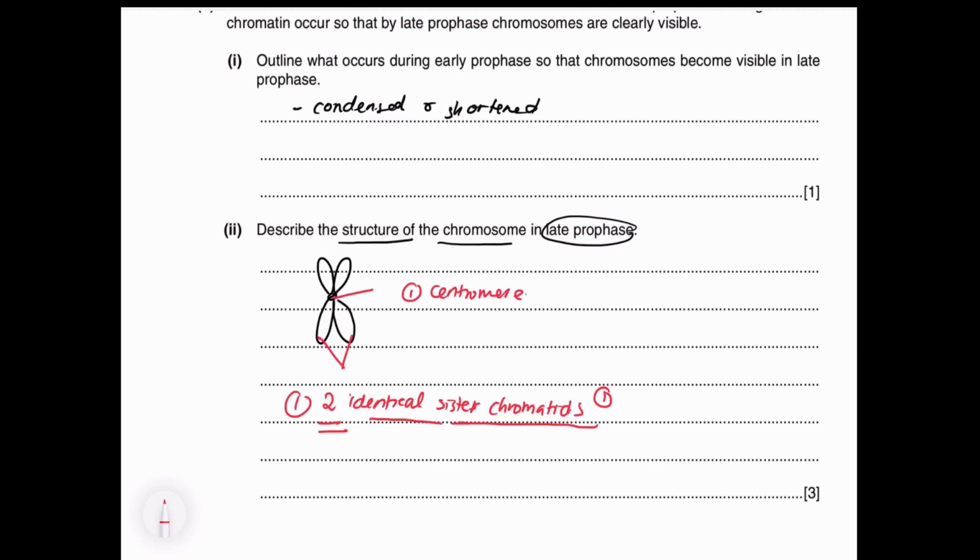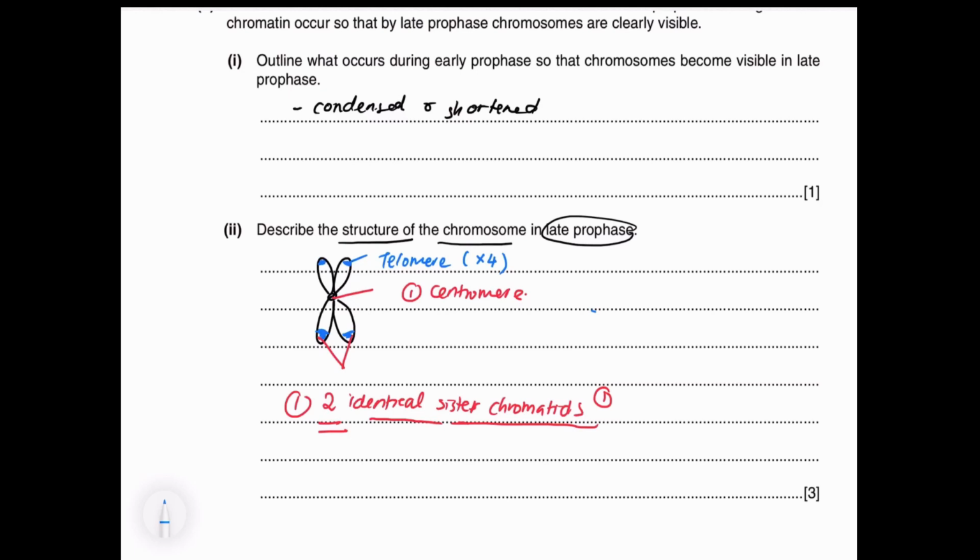And then another point, if you can think of it, we know that at the end of the chromosome, there's actually telomere. So in multiple choice, if the question asks, how many telomeres can you find in the chromosome during prophase? Here you can see that there are actually 4 telomeres.